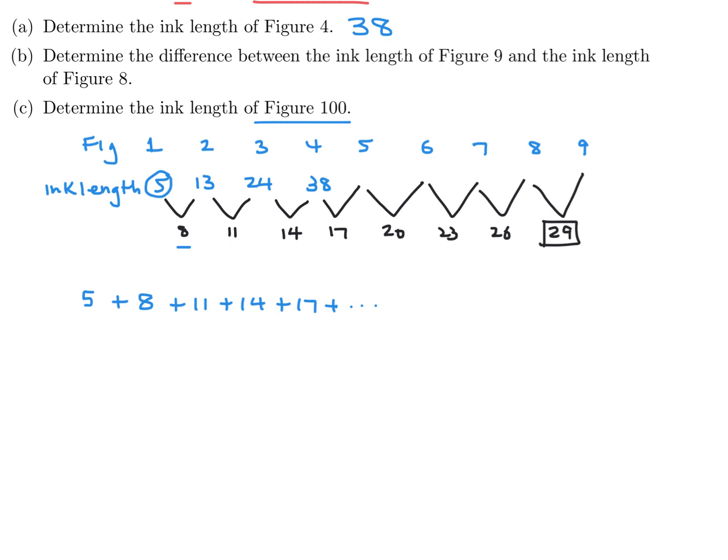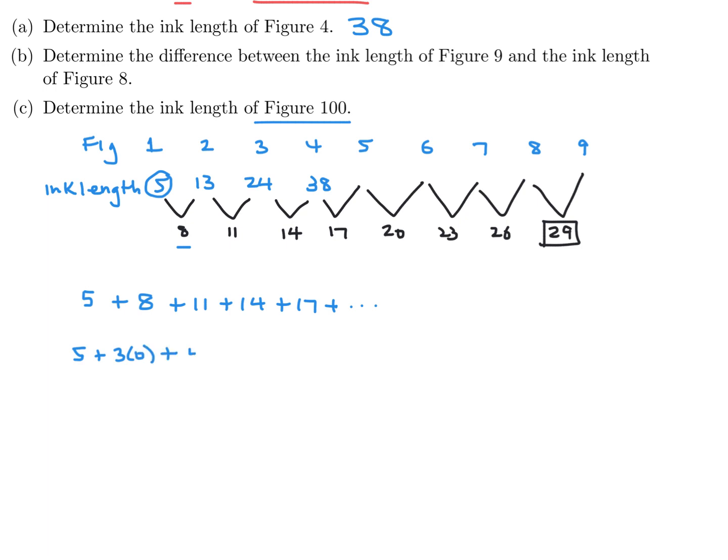Oh boy. I think that it's going up by 3, so I'm going to try to isolate that 3. The 3 seems to be the only thing that's going to help me. So this looks like 5 plus nothing, so 3 times 0.